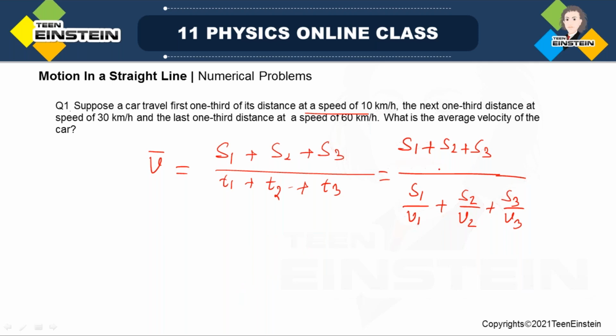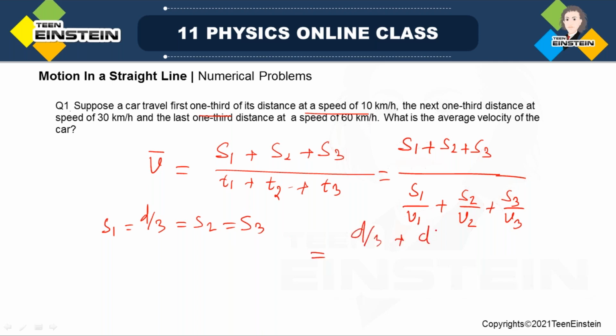We just take common of this. See, S1, S2 and S3 are all 1/3 of the distance. So S1 is D by 3, same as S2 and S3. So I can write all of them as D by 3, D by 3, D by 3.